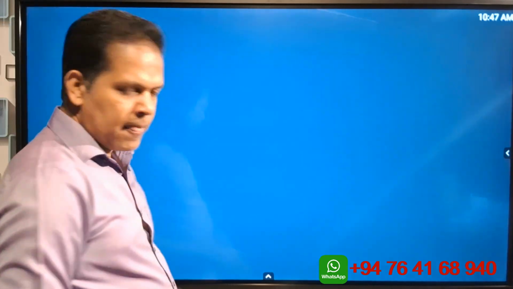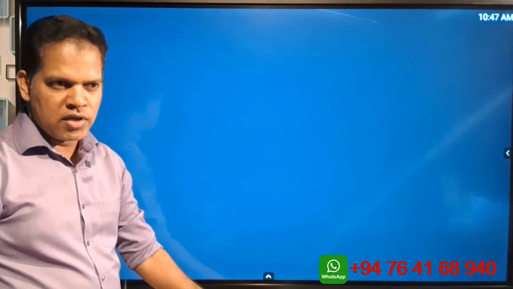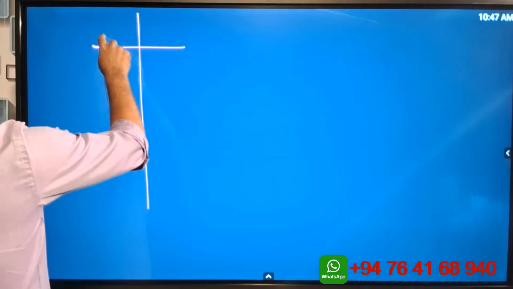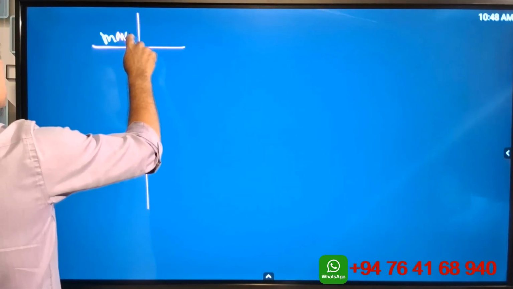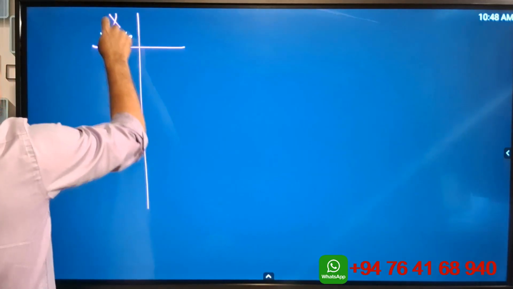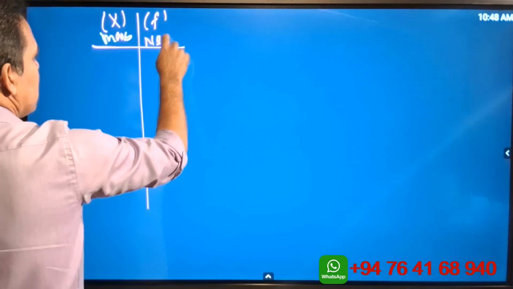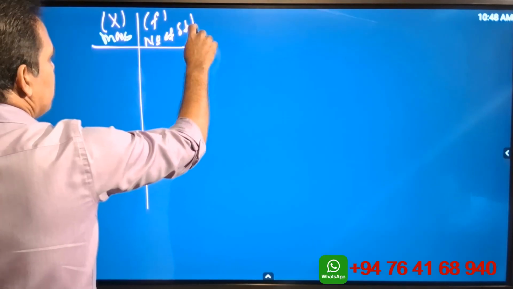Okay, this is the last example of the mode. After considering the ungrouped frequency distribution, now I consider a grouped frequency distribution. Again I consider marks of students of a class. This is the x value, marks, this is the f value, the number of students.